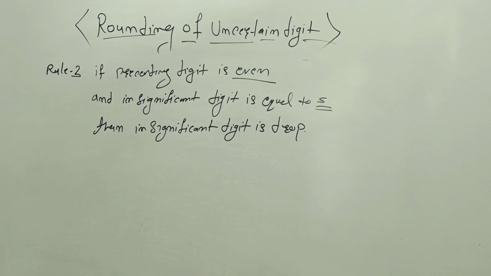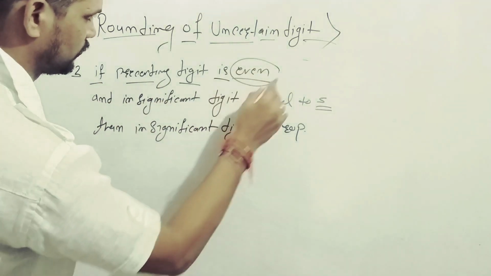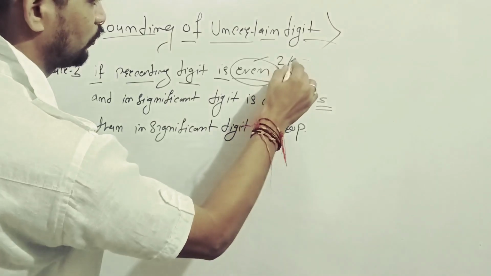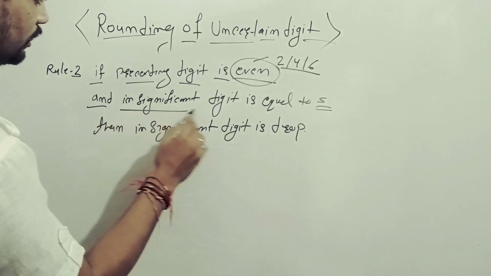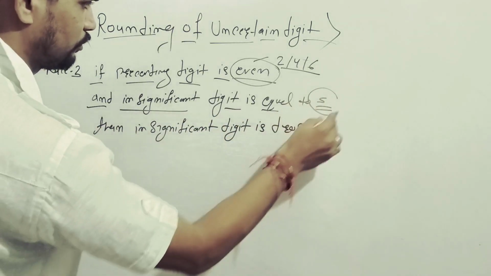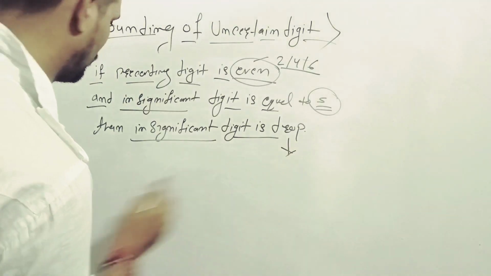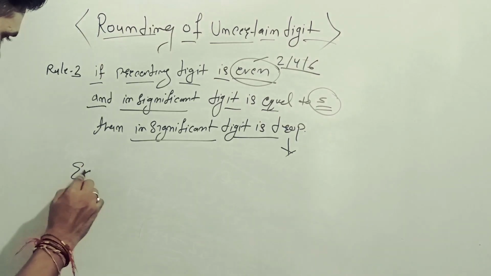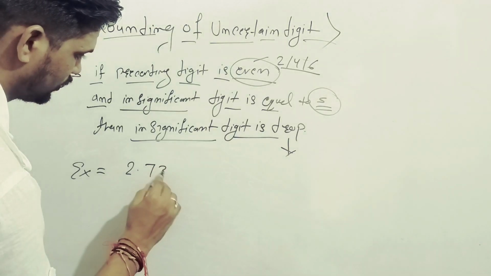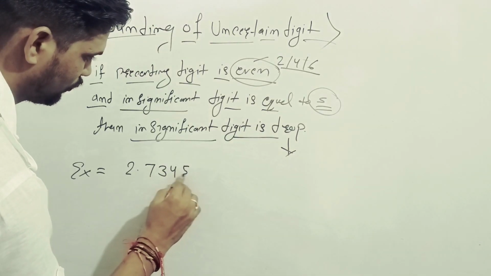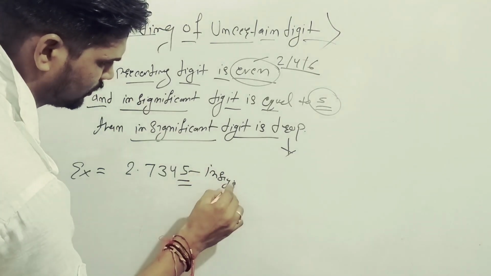Rule number 3: if the preceding digit is even, like 2, 4, 6, and the insignificant digit is equal to 5, then the insignificant digit is dropped, that is, we remove the insignificant digit. That is the example: 2.7345. 5 is the insignificant digit.